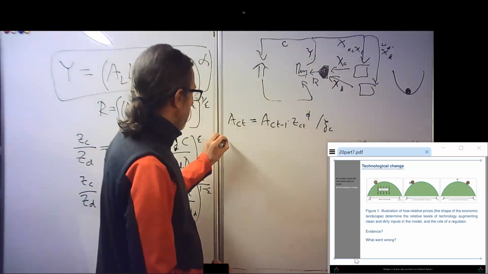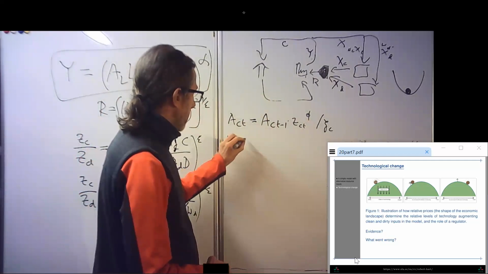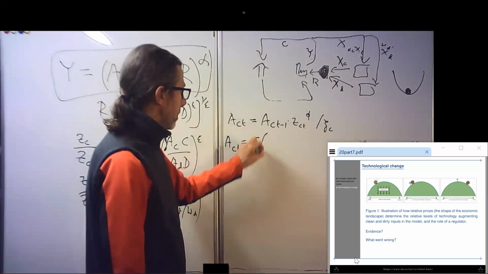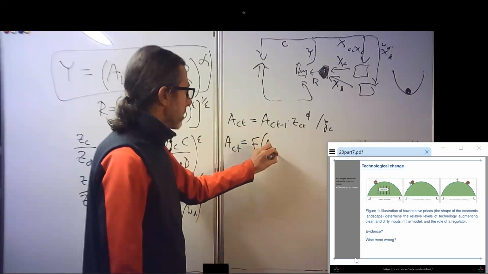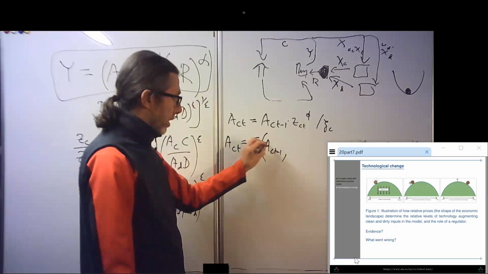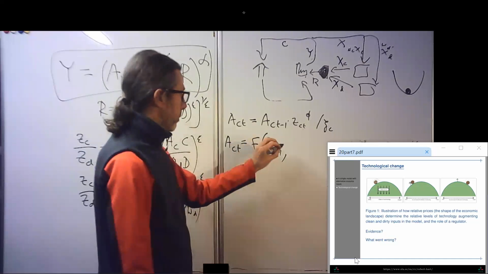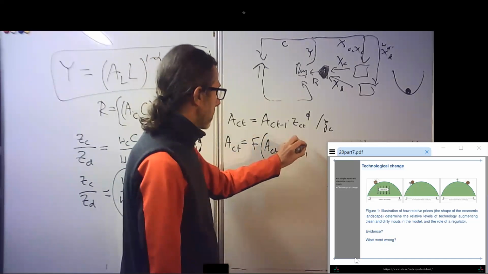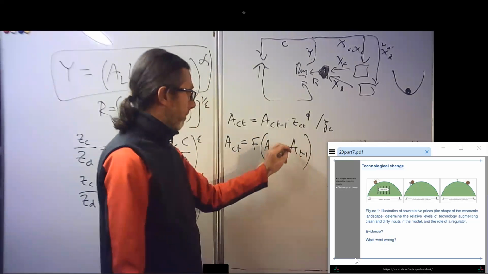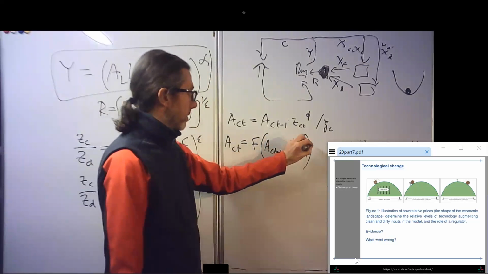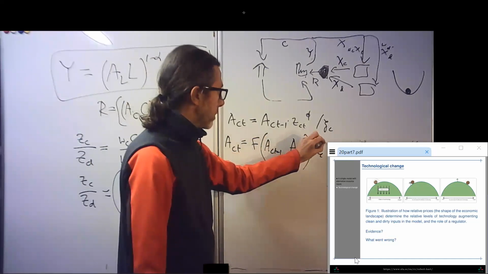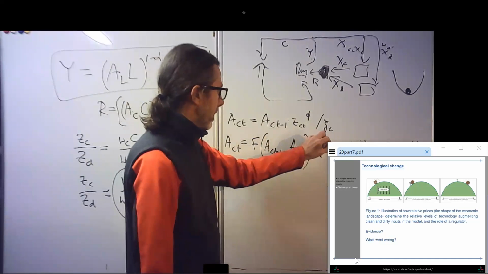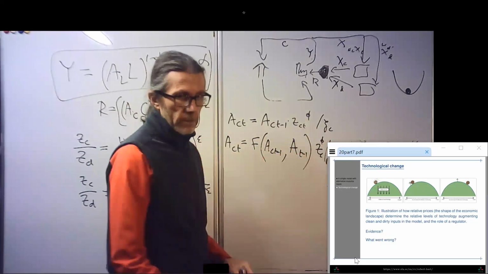So we should instead have some model where ACT is a function of, sure, the specific knowledge we have in the area, but also general knowledge, or a function of all the other knowledge stocks times investment, maybe with some productivity factor.